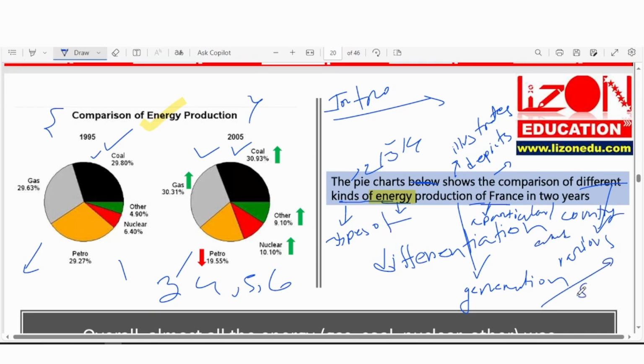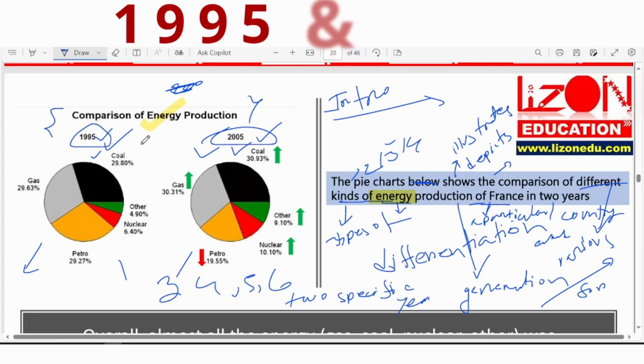For 2 specific years, because in pie chart you don't really get the chance to write the period, because here they're not talking about the period, rather they are talking about 2 specific years, 1995 and 2005. We don't have the data for 2000, right? In between you don't have that. You just have the data for 2 particular years, 1995 and 2005.